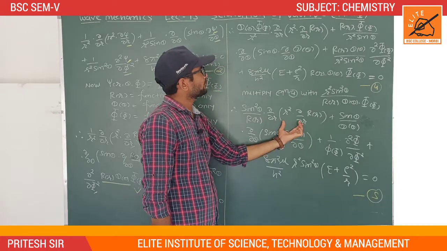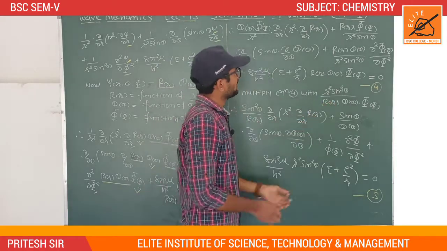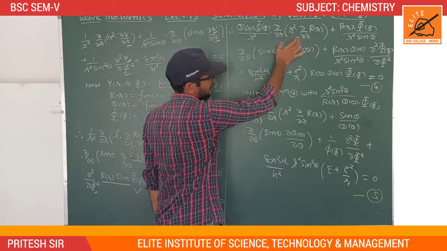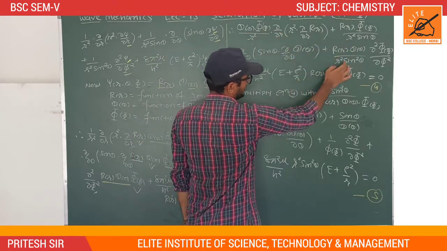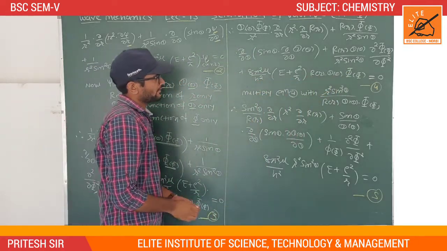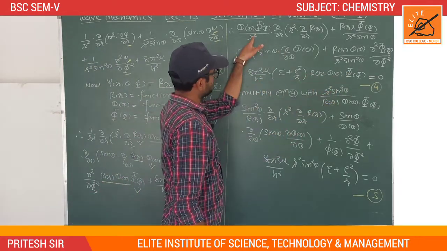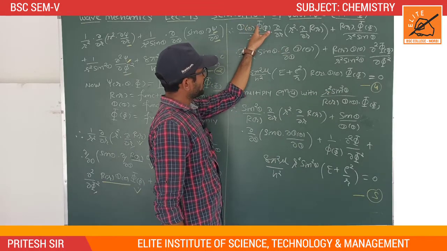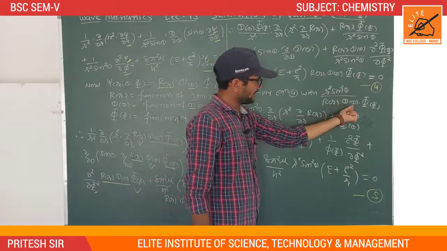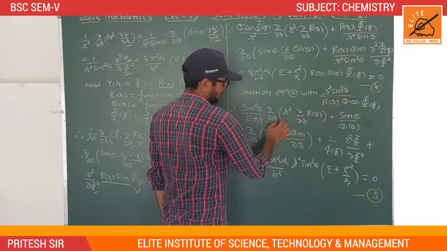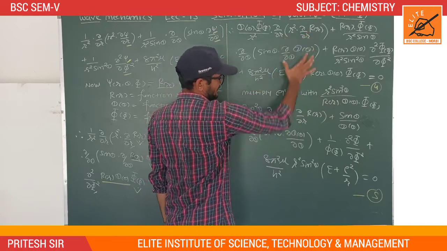Okay, so if I multiply this with equation number 4, this is the first term, this is the second term, this is the third term, and this one is the last term. Here r square is cancelled, and theta of theta and phi of phi are both cancelled. So the remaining term is only sin square theta upon r of r, plus this term remains as it is.